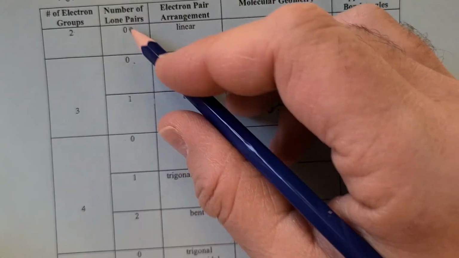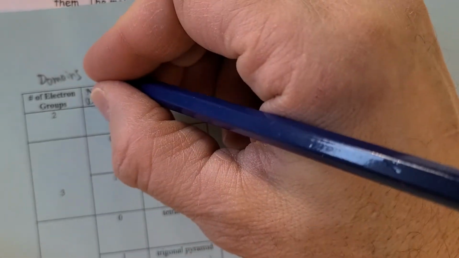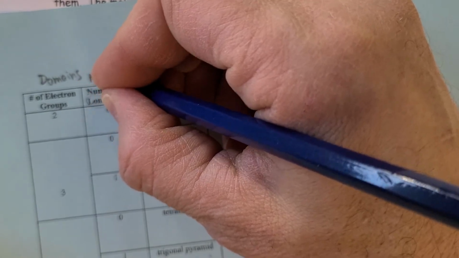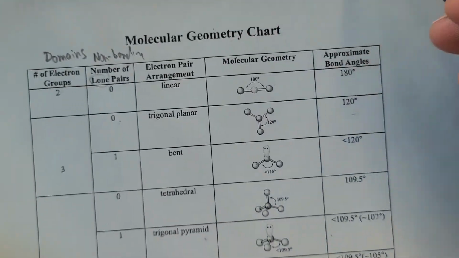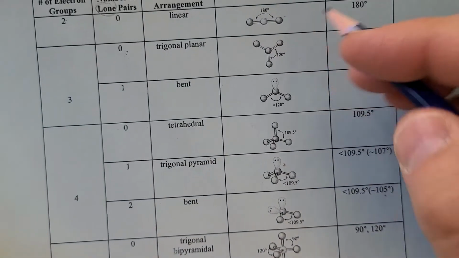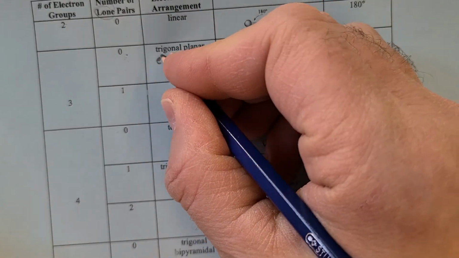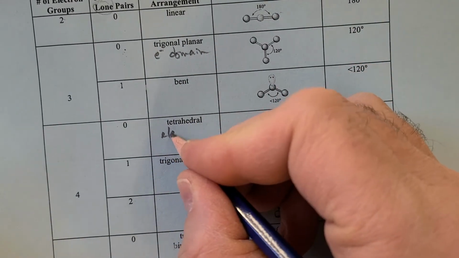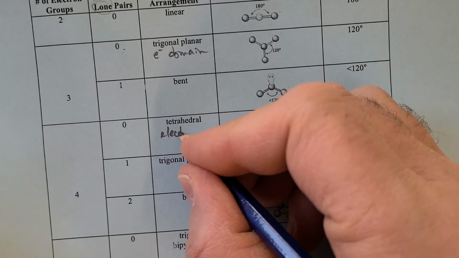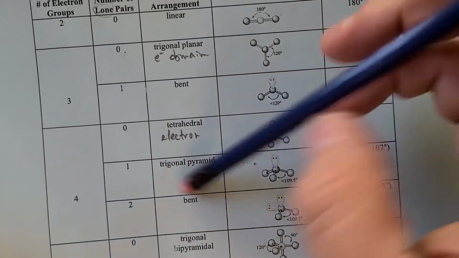If I have 0 lone pairs or non-bonding, you can label that as non-bonding at the top if you have this sheet. We get that. And of course, this is the electron domain geometry. So if I consider all important, all of these ones that have 0 lone pairs, these are equivalent to electron domain.